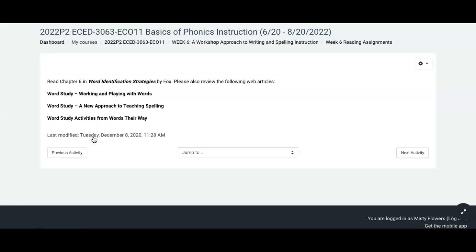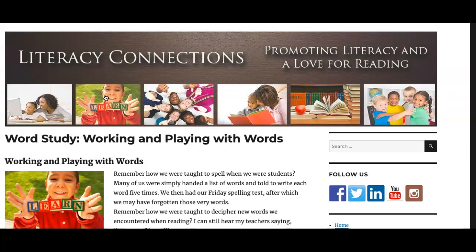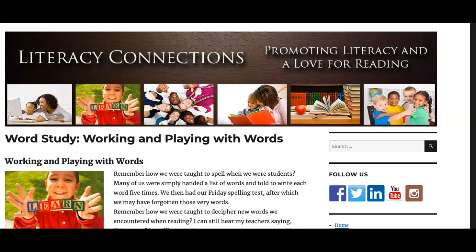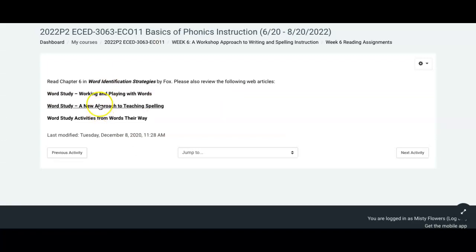Reading assignment this week is Chapter 6 in Word Identification Strategies. There are also some articles here. This is Word Study, Working and Playing with Words. And these links all do work. I have already checked them, so hopefully when you click on them this week, they will work for you too.